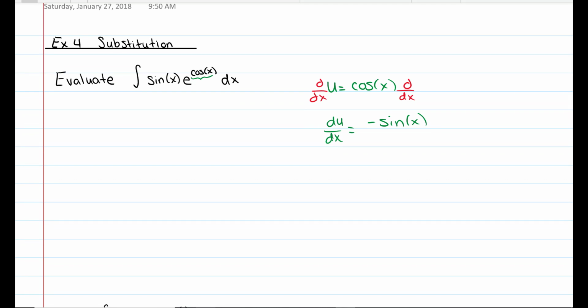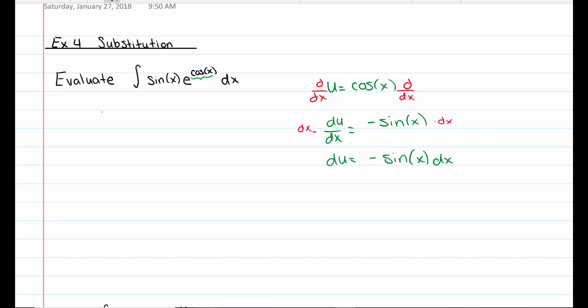Now our goal is to get all the x's on one side and the u's on the other. So you multiply both sides by dx, and you get du is equal to negative sine of x dx. Now we're going to rewrite our integral using our u substitution.